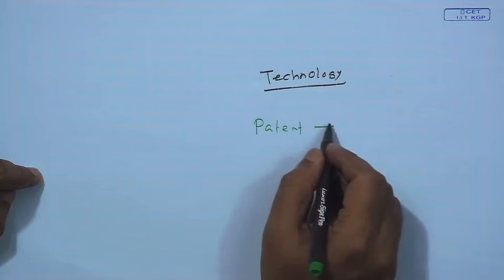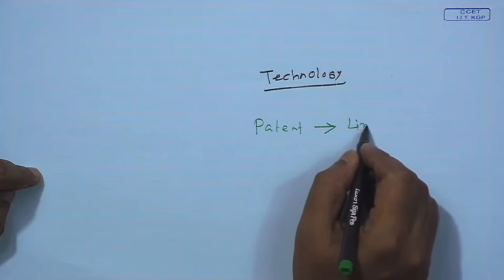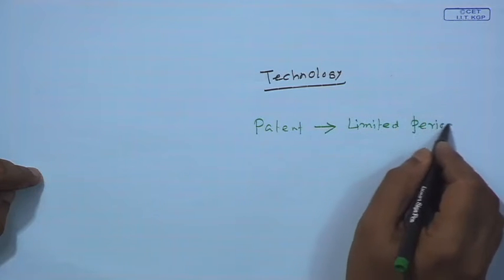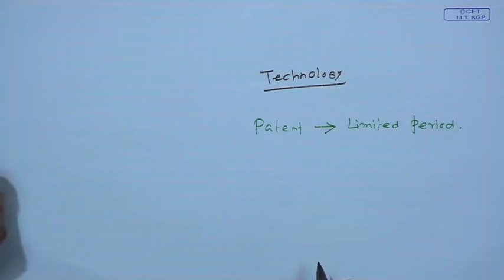So it is limited period. What do you mean by limited period? Our last class we discussed intellectual property rights are exclusive rights, and to make a balance between private and public, the features incorporated in intellectual property rights are in the form of limited rights.